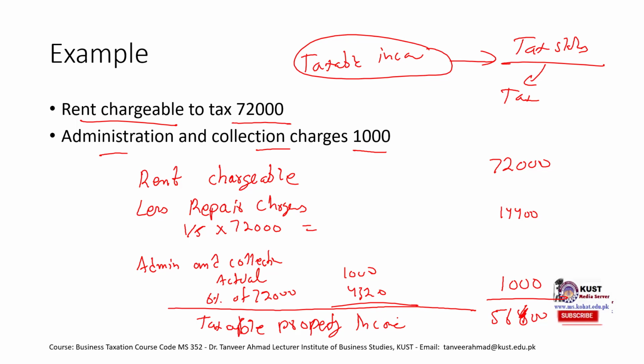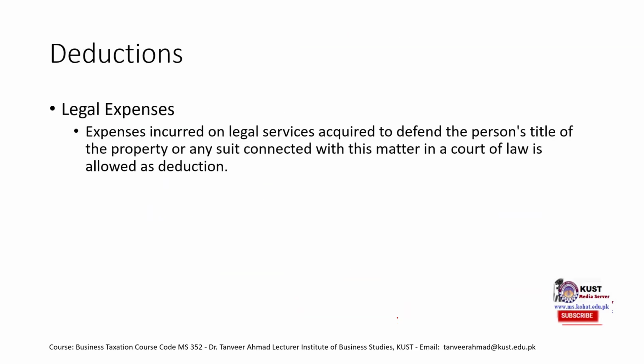Okay, legal expenses. So certain times we might have certain legal expenses. We might have to pay a fee to a lawyer, but which kind of legal expenses are allowed as a deduction? Only those legal expenses that are incurred on the property.